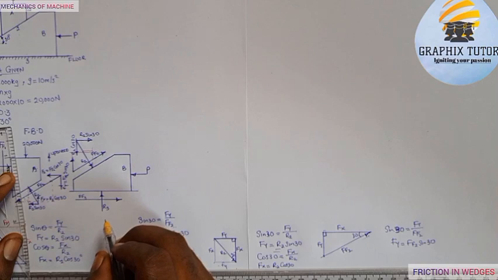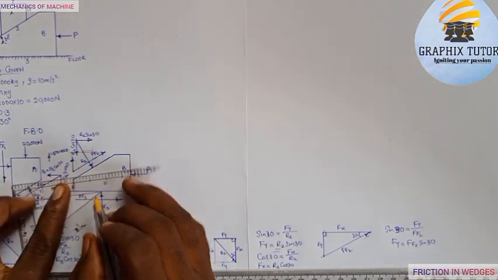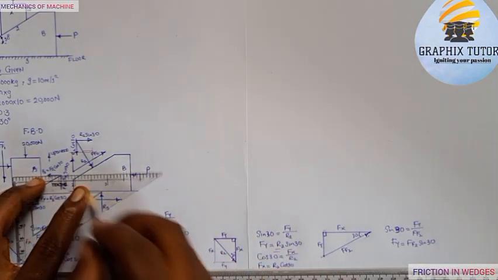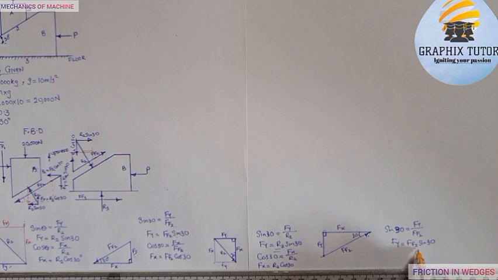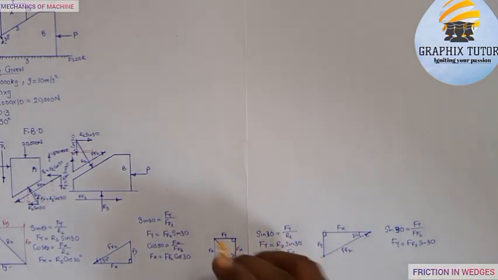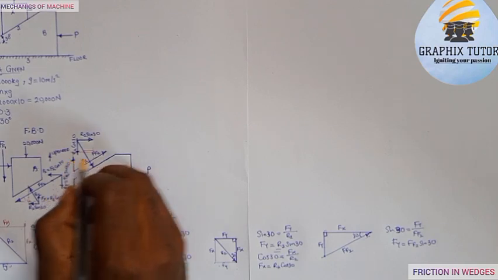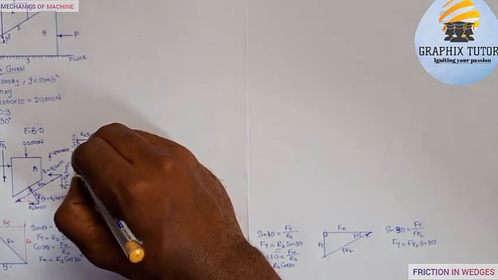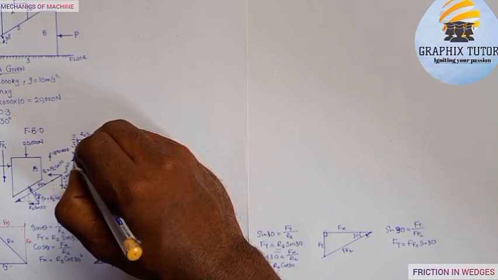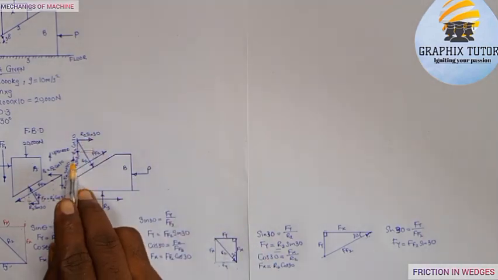Are we good? Similarly, I'll do the same thing here too. That will be my fy. So what's the value of my fy? My fy is given to be Ff2 sine 30, right? So the force of this is Ff2 sine 30. Let me just write it out. Ff2 sine 30, that is this one here.